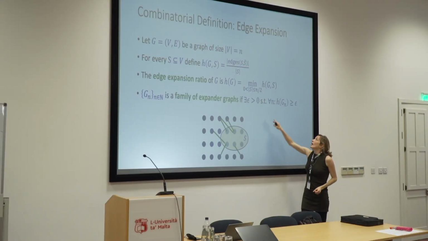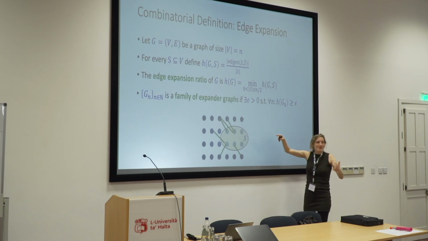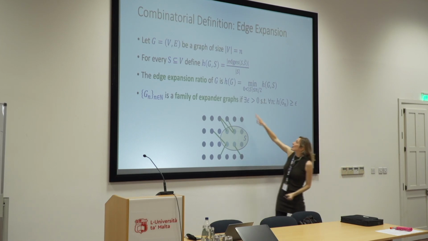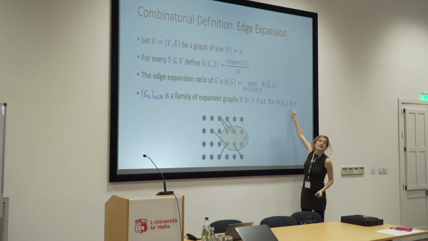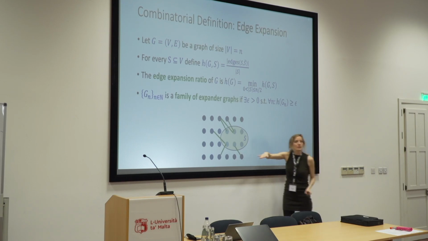Okay? Rather, what is the opposite of not going to 0? That there exists some constant greater than 0, such that I never get smaller than that constant. I'm always stuck away from 0.